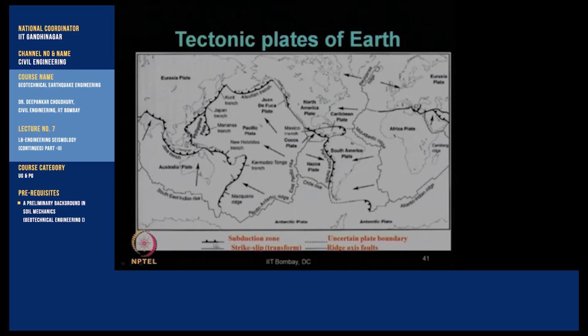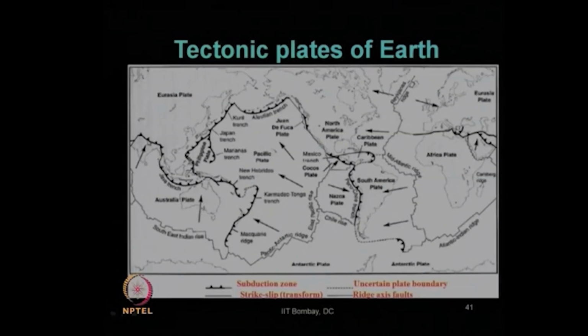If you look here, various symbols are shown. This symbol shows a subduction zone. All these are subduction zones, including the Indian plate and Eurasian plate. The Indian plate, if you look at the direction, subducts, that is goes below this Eurasian plate.